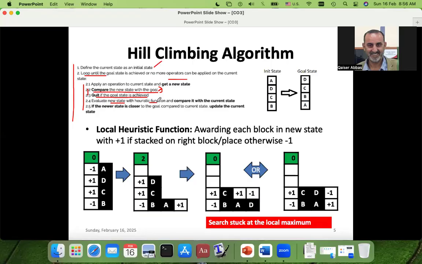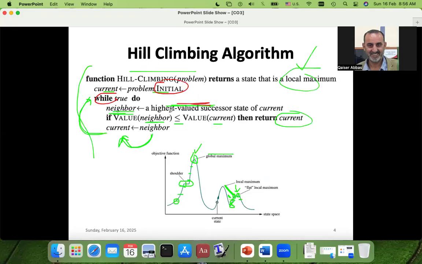Here in this algorithm, we will consider some heuristic function. We will evaluate the state with the heuristic function and compare it with the current state. Here we are comparing, less than or equal to. This heuristic function can be different in different algorithms.